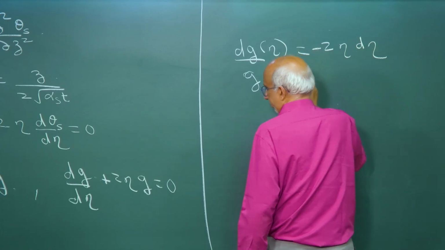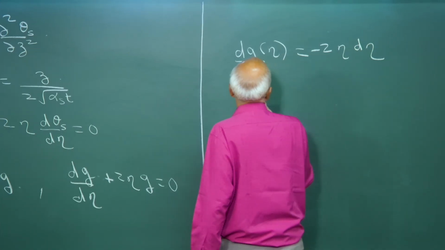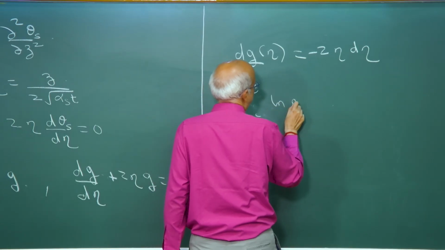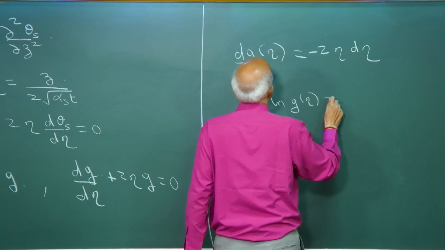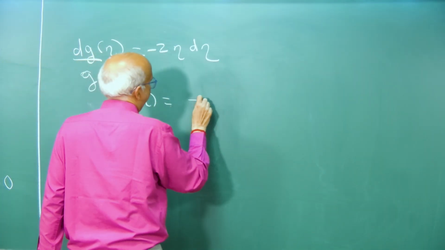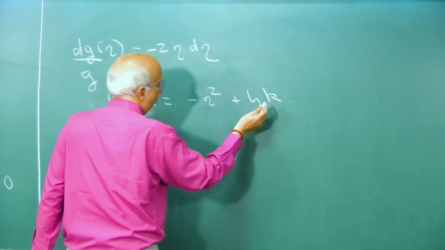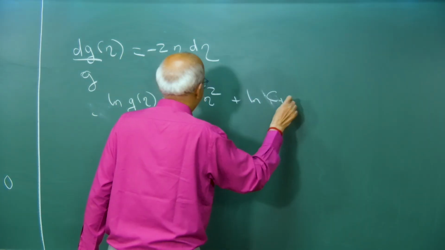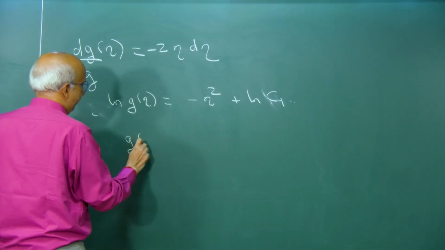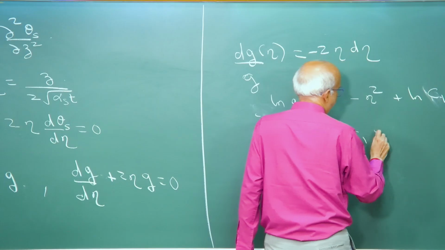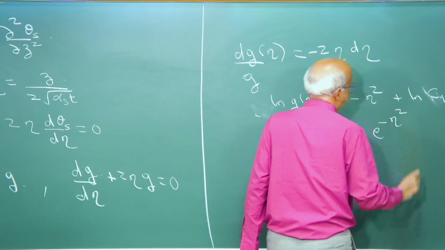And so, log of g of eta is minus eta squared plus log C1, some arbitrary constant. So, g of eta can be written as C1 e power minus eta squared.